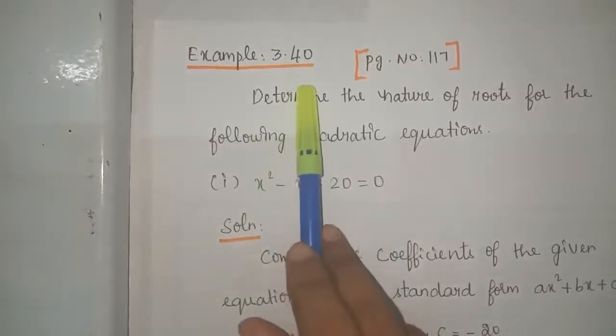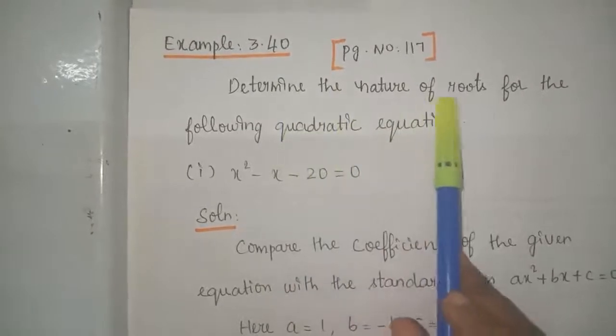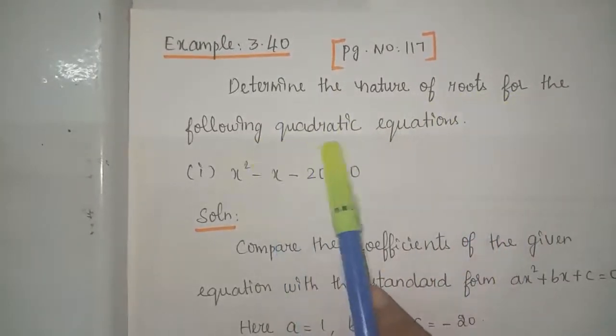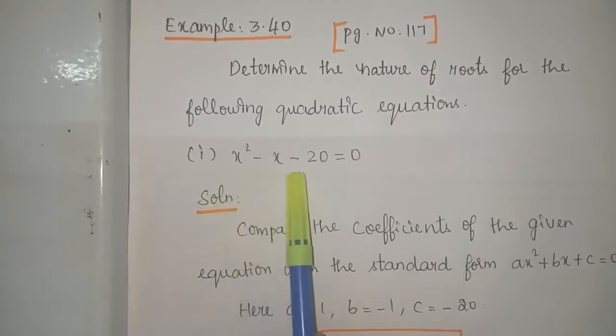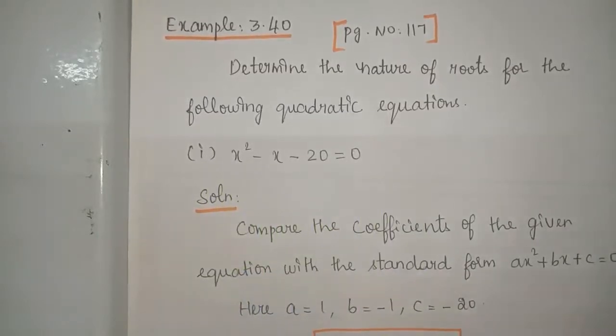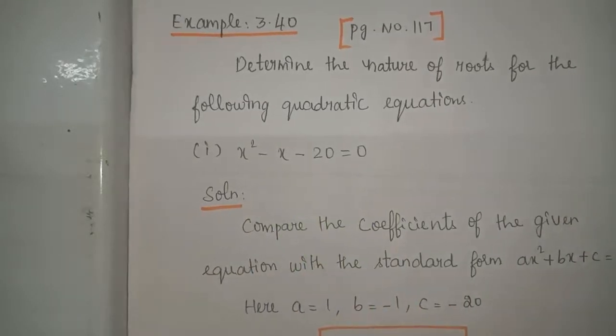Example 3.40, page number 117. Determine the nature of roots for the following quadratic equation. First subdivision, x² − x − 20 = 0. So this is the quadratic equation given in the question.